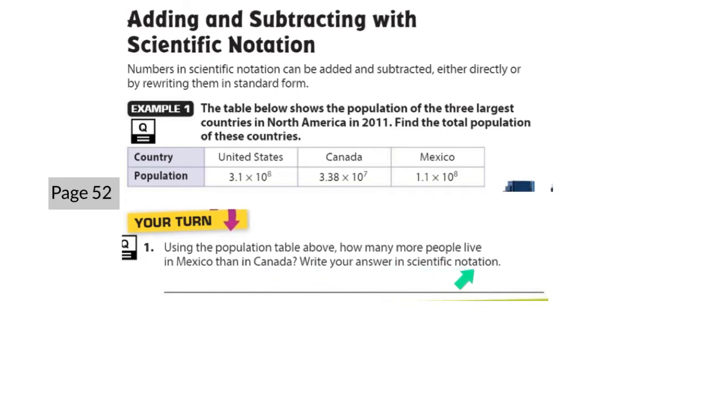Write your answer in scientific notation. I'm going to solve this using the scientific notation numbers. I'm not going to change them. We're going to use Canada's number and Mexico's number. How many more people live in Mexico than Canada? I hope you know what operation to use. Pause here.